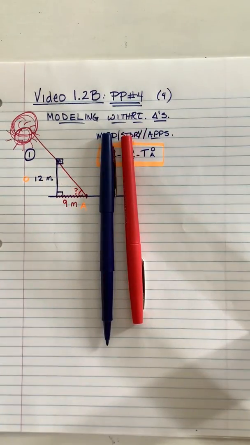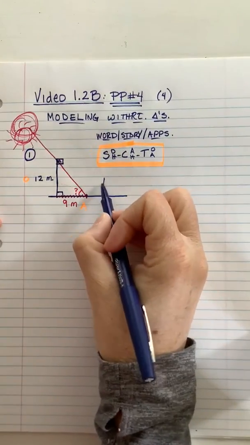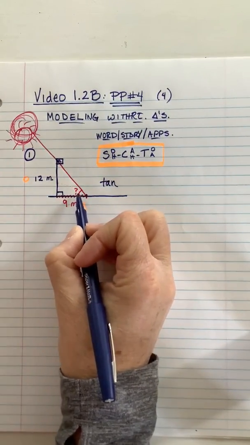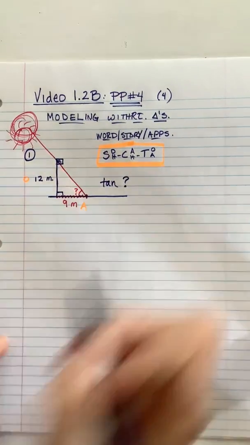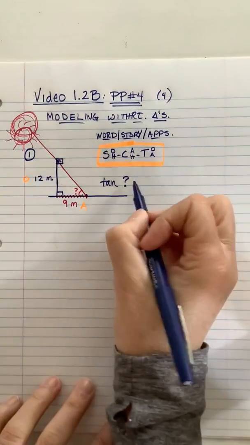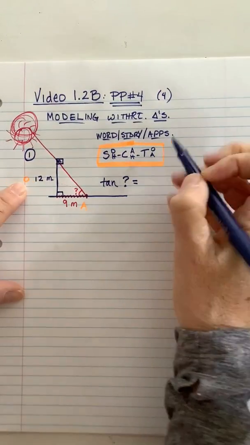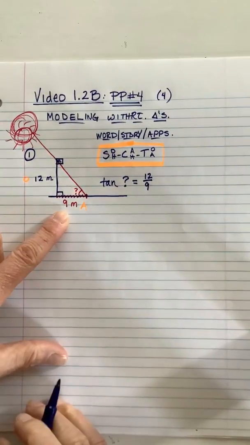So that means that we are left with tangent of that angle, which is going to help us solve this particular mystery. So I've got tangent of my missing angle. Now, I've just given it a question mark, so can't I just use a question mark? Yeah, why not? So tangent of something is going to be opposite. So I've got my 12 meters divided by my 9 meters.